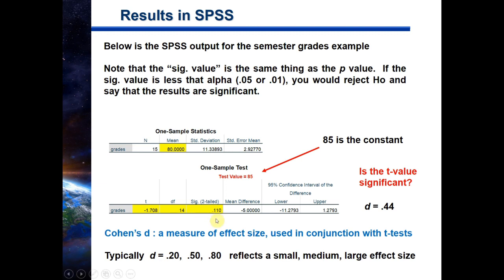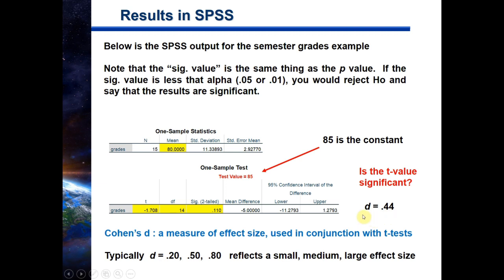Now, there's something I want to introduce you to here, and that is the measure of effect size for t-tests. The statistic that measures effect size for t-tests is Cohen's d. And we have here calculated Cohen's d at 0.44.